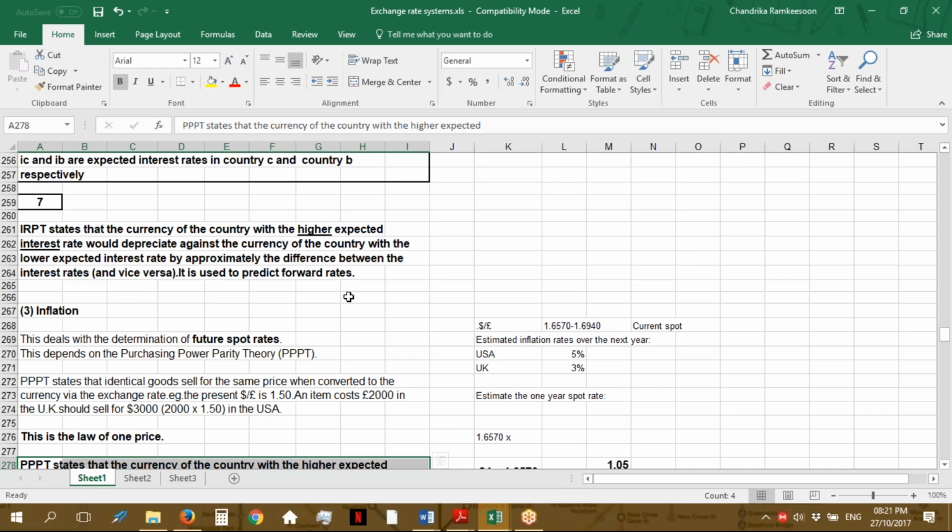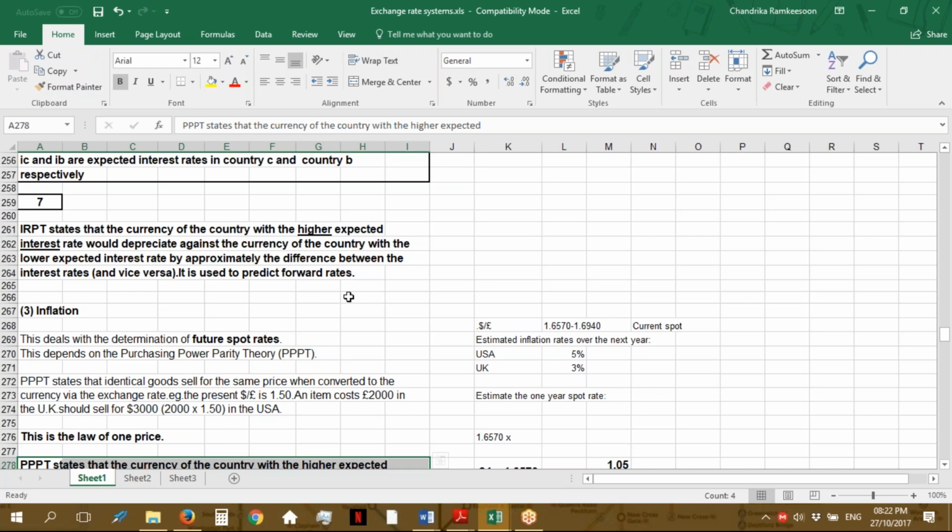If you look at the investment part, you might say so, but you have to think all around, not thinking in one plane or one dimension. And empirical evidence has shown that the higher expected interest rates would generally mean that the forward rates would reflect a depreciation in the currency of the country.